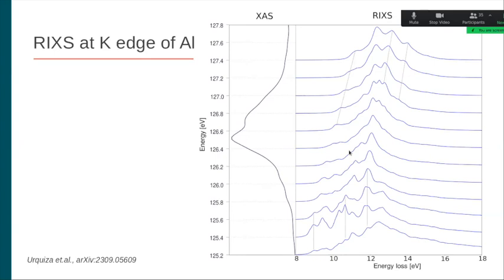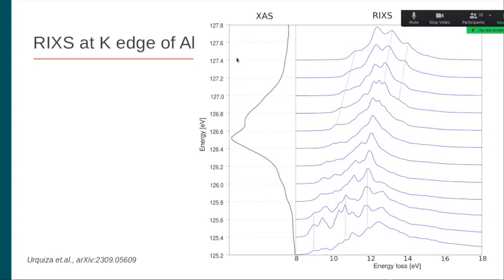In this case, this is the K edge, I mean, this is the L1 edge, but the spectrum is very much the same as the L1 edge, but the energies correspond to the L1 edge. So what I have plotted here is the energy loss that I referred to before as the energy of the incoming minus the outgoing photon.